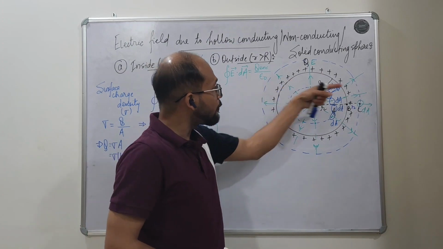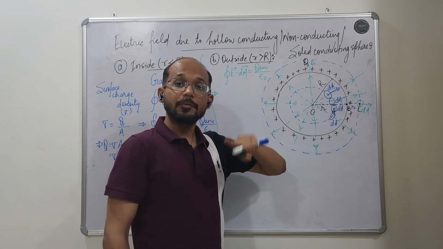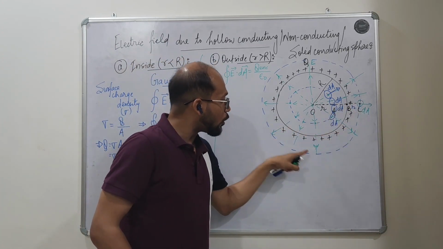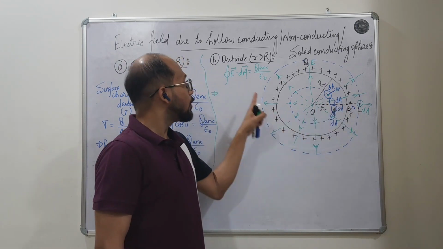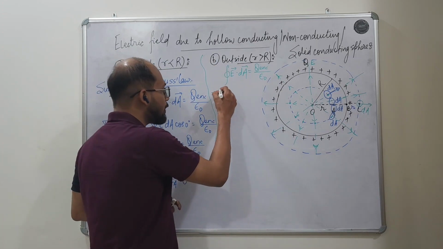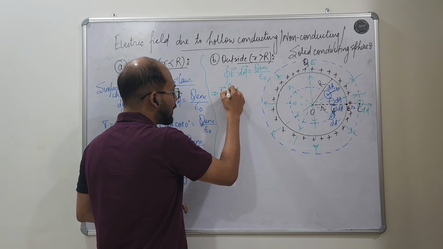So we can say the electric field and the dA vector are along the same line. That means the angle between them will be 0 degrees. Each and every point on this Gaussian surface is at a distance r from the center, so the electric field is constant. So we can take the electric field out of the integral sign. This will be the integral of dA.